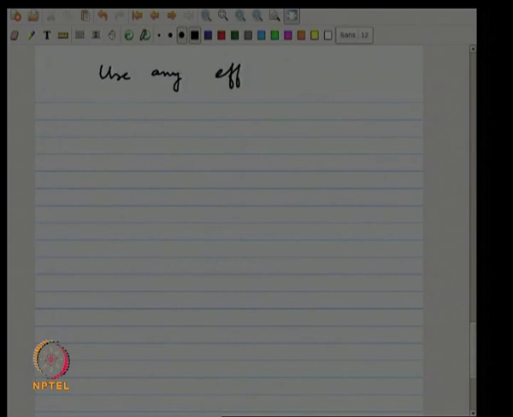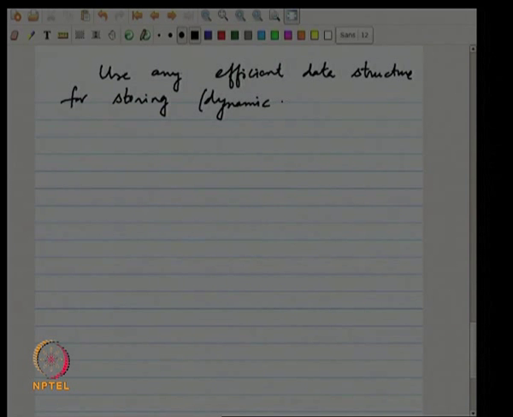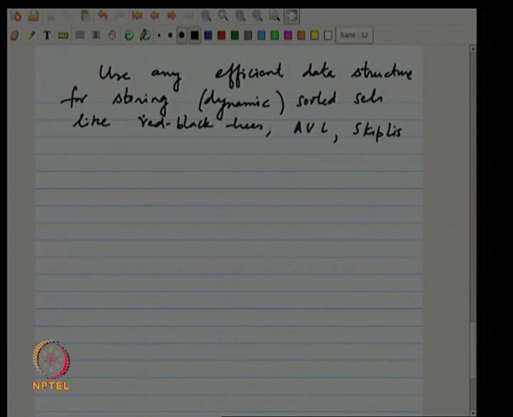So, use any efficient data structure for storing this dynamic set, such as red black trees, AVL trees, or even something like skip lists, which essentially implies order log n per update.